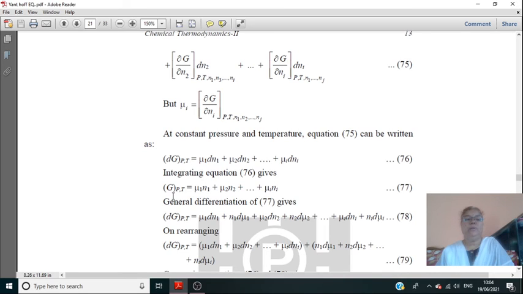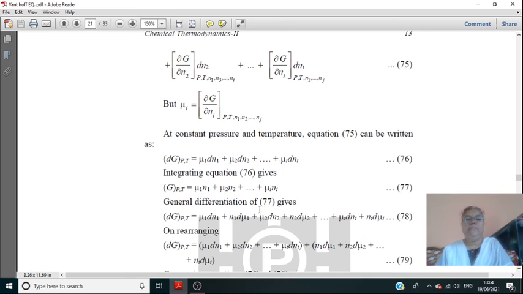Integrating this equation, we can write the free energy G at constant pressure and temperature equals μ1 N1 plus μ2 N2 plus and so on plus μi Ni. Let this be our expression number 77.